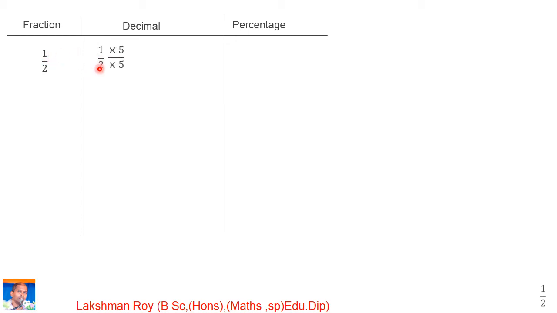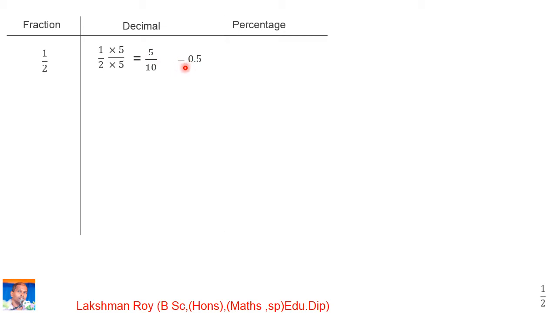Follow this one. I'll make this denominator 10. That means we multiply both by 5, then you get 1 into 5, 5, 2 into 5, 10. Now you can write denominator 10. That means divided into 10 parts, you take 5 parts, so you separate one decimal place, that is 0.5.